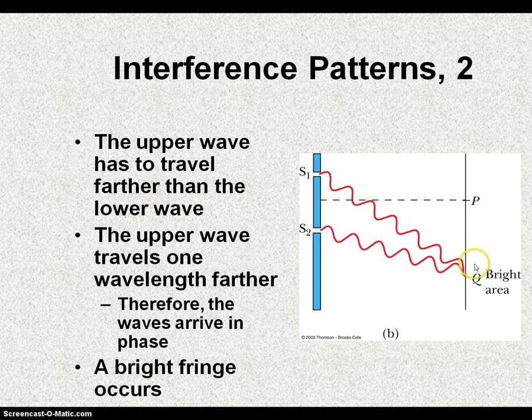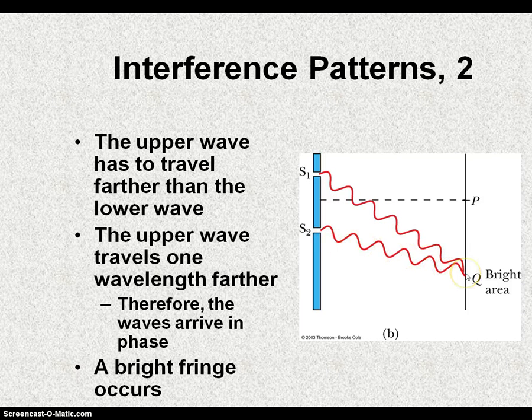In the second band over here, so we're going to see another band here, and we would see another band up here, another bright area. So if you look here, in this case, we have constructive interference. So why is there constructive interference? The reason is that the light wave that is traveling from here to here has to go one wavelength further than this one.